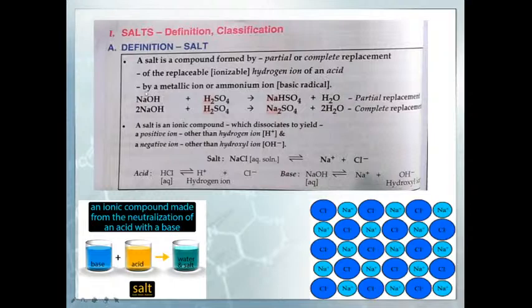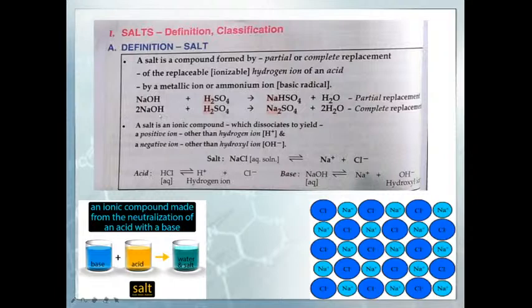You can see in this case, we have already discussed this case. If a monoacidic base combines with a dibasic acid, we get an acidic salt. Why? Because there is a partial replacement. Still there is one hydrogen atom which has not been replaced. If you want complete neutralization of sulfuric acid, what do we require? We require 2 NaOH.